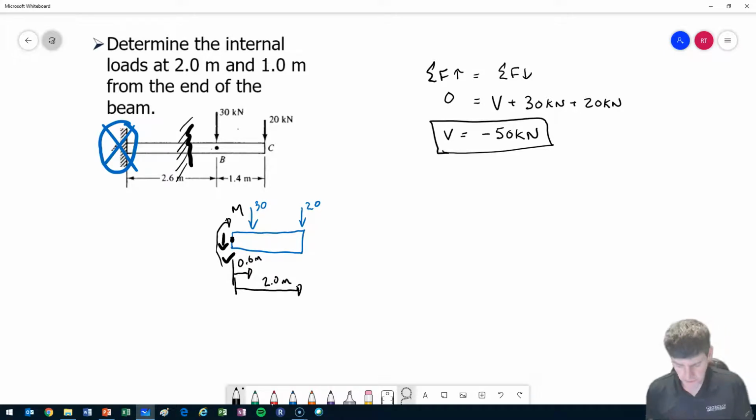Okay. And you may get different signs. So I got negative there, and you may get positive 50, and it would all come down to which direction you assigned V in the first place. So what I am interested in is that you can get the magnitude correct.